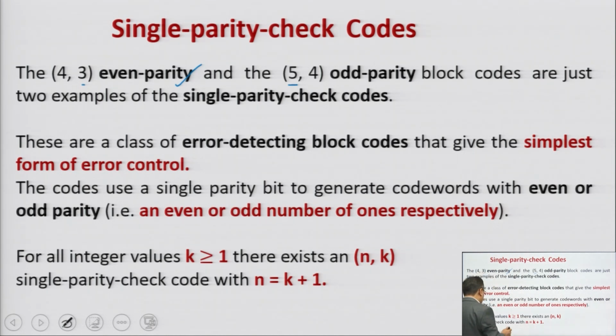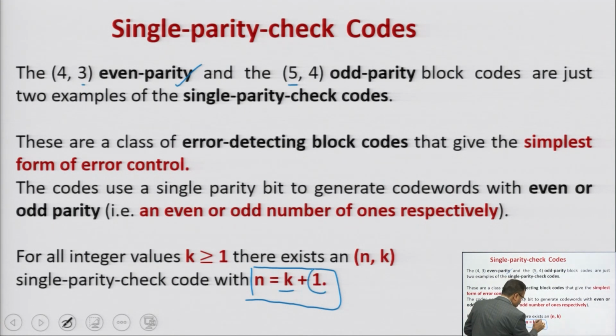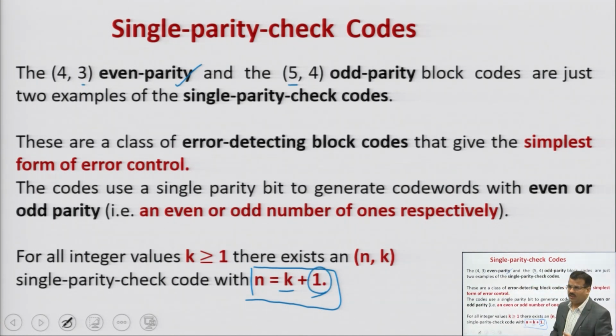So, single parity check codes का मतलब क्या होगा? It means n is equal to क्या होगा? K plus 1. K is information bits, input bits, and 1 is our parity check bit. That's why I am writing here n is equal to k plus 1. Only single parity you are adding here. It can be in the form of even or odd.